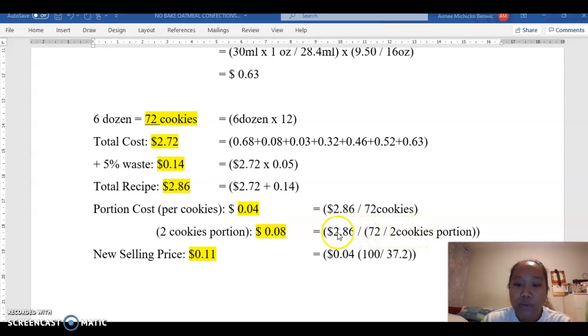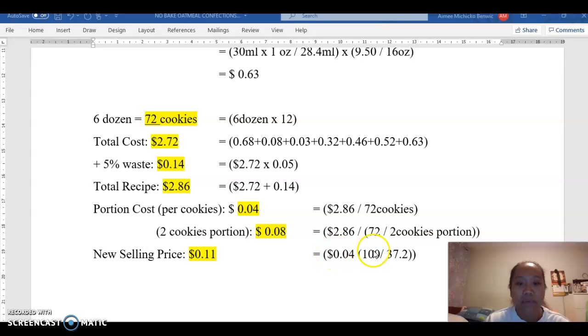So $2.86 divided by 36 gives us 8 cents per 2 cookies. To get the new selling price, the portion cost per cookie, we're going to use that one, multiplied by 100 divided by 37.2.